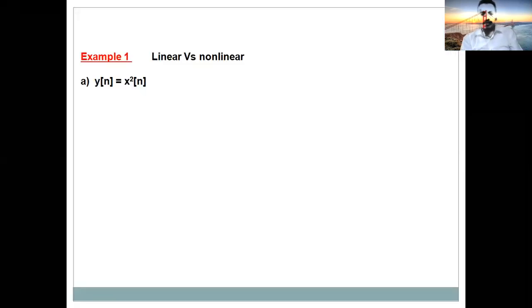Okay, so let's start our first example. We are asked to identify whether this system is linear or non-linear.